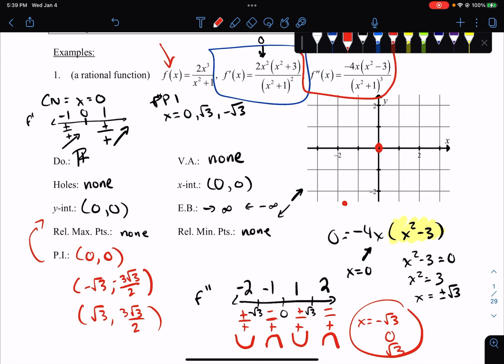And then positive root 3, again, is going to take me over, not to 2 yet. And then I'm going to go up past 2, so it's going to be up here somewhere. It looks like those are the only points that I know.